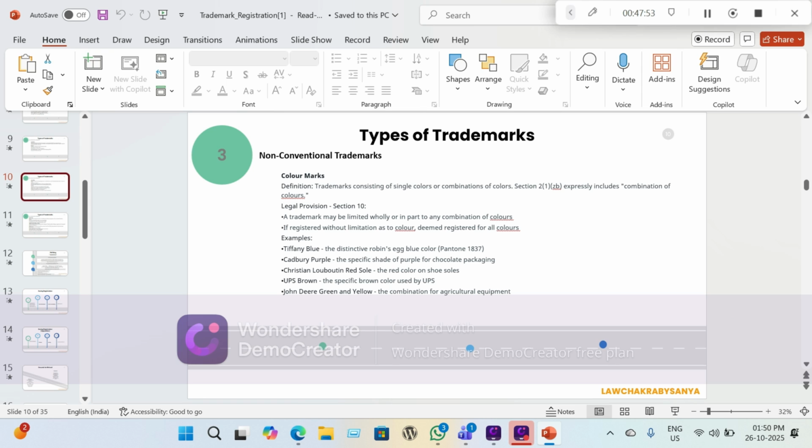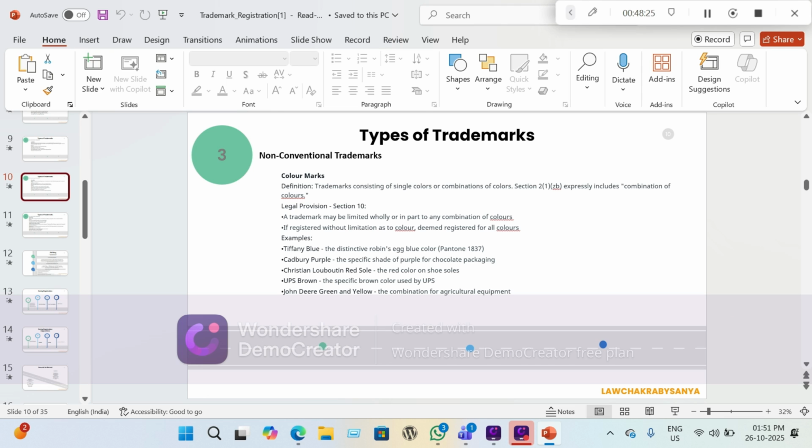So you have to specify exactly which color combination you're referring to. If you get registration for that color combination, then anybody else cannot copy that color combination. For example, Tiffany blue, Cadbury purple, Christian Louboutin red sole, UPS brown, John Deere's green and yellow combination. These are all color marks that are also, of course, registered and recognized.